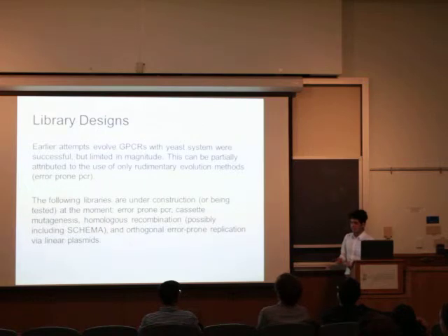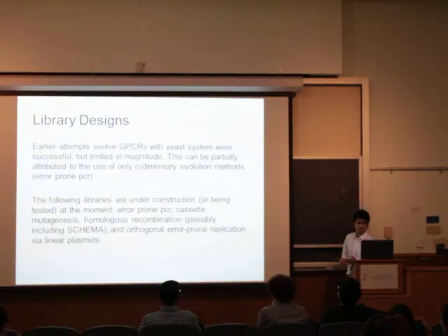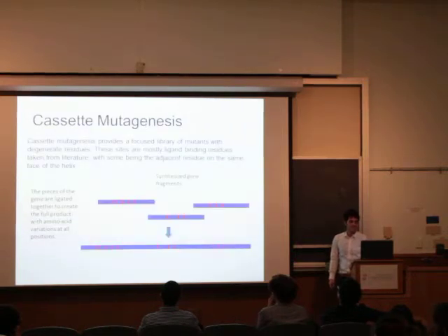But it's non-specific, and you don't have much control over what you're mutating, so you imagine you get a lot of nonsense mutations that will either be deleterious to structure, deleterious to trafficking to the membrane, and you're not going to be able to affect what you necessarily want, which is how it binds to ligands. So I've been working on creating other libraries, and I'll describe some of these now.